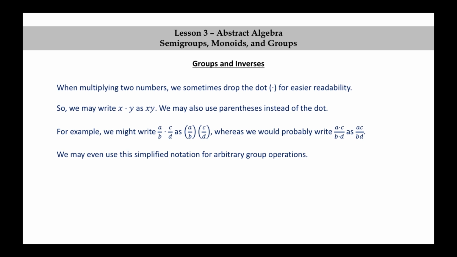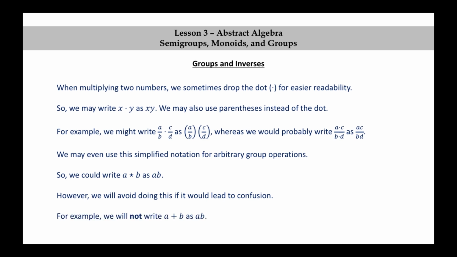We may even use this simplified notation for arbitrary group operations. So we could write a * b as ab. However, we will avoid doing this if it would lead to confusion. For example, we will not write a + b as ab. That would be confusing.